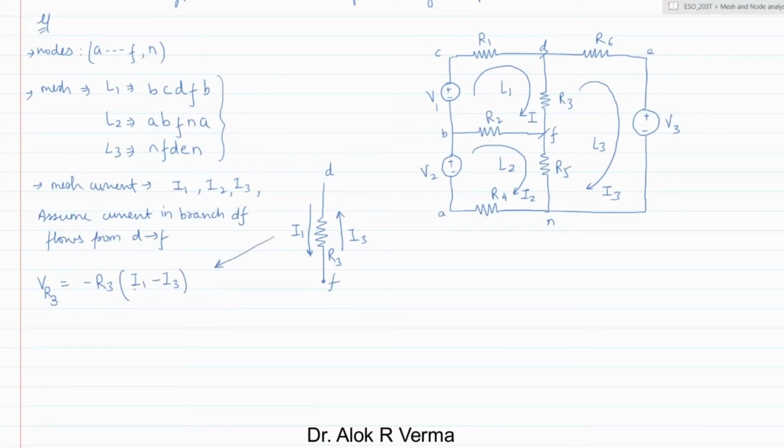Similarly, consider branch BF having R2.